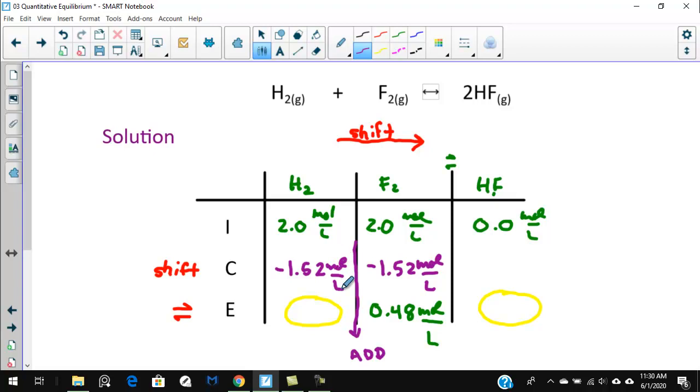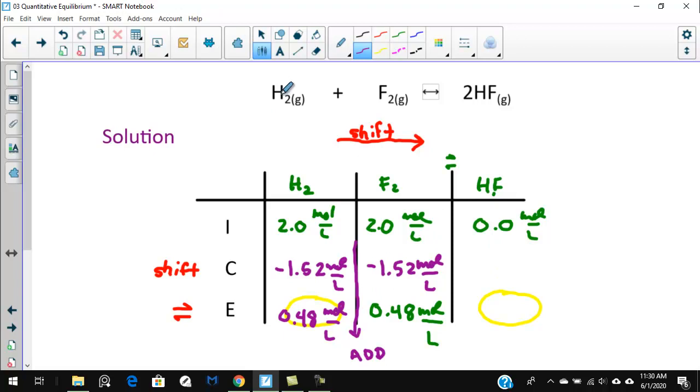Okay? And again, it's negative 1.52 because we're using it up. Remember, we're shifting to the right. So we're using these two things up. And then that would give us the equilibrium value for H2, which again would be the same. It would be 0.48 moles per liter. Okay? And then finally, we have this last one.